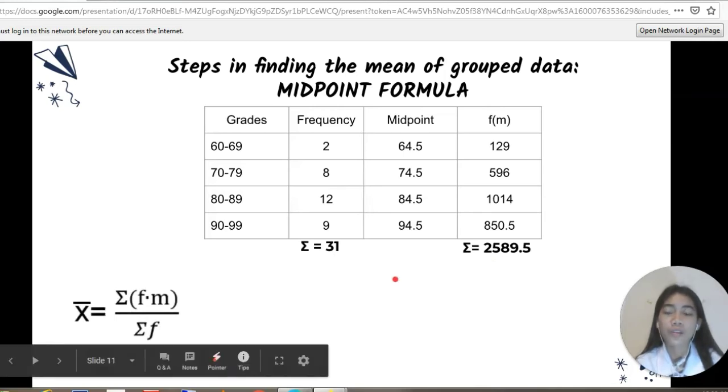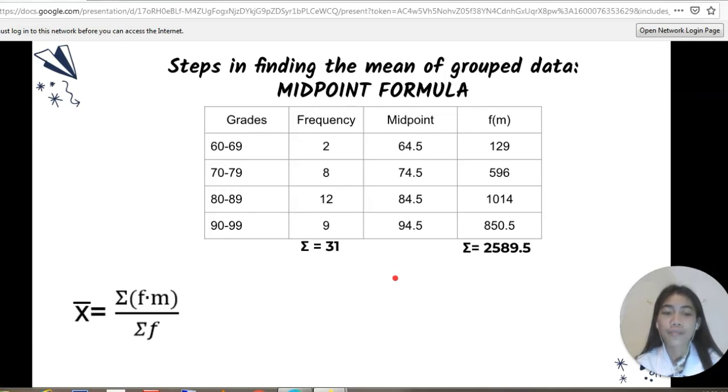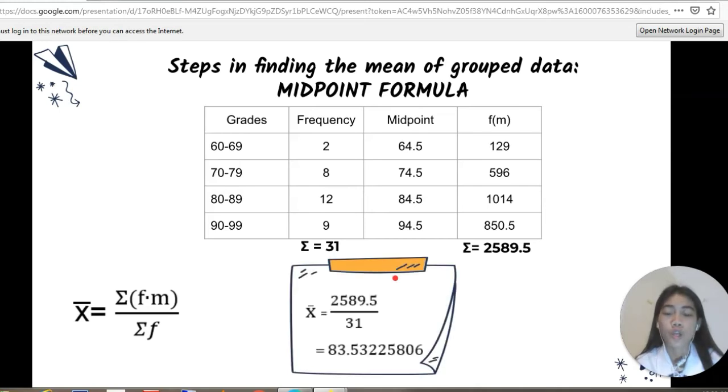So, doon na sa formula natin, mean is equal to the summation of f times m divided by the summation of f, which is 2,589.5 divided by 31 is equal to 83.53225806.